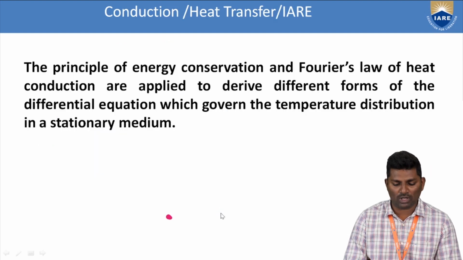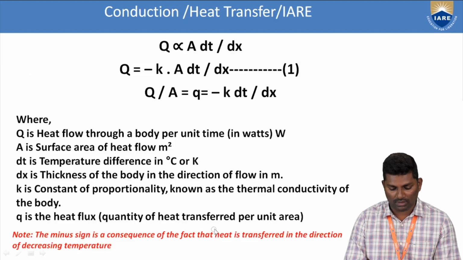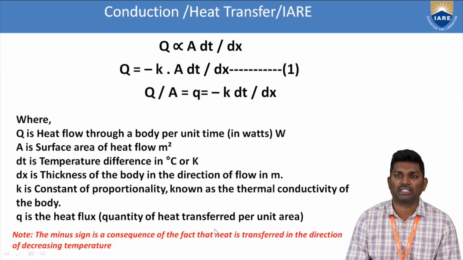Now, the principle of energy conservation and Fourier's law of heat conduction are applied to derive different forms of differential equations that govern the temperature distribution in a stationary body. This is the heat conduction equation, where Q is directly proportional to the area and the change of temperature with respect to the direction.